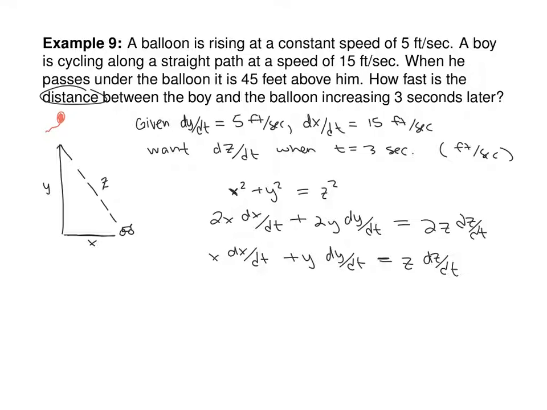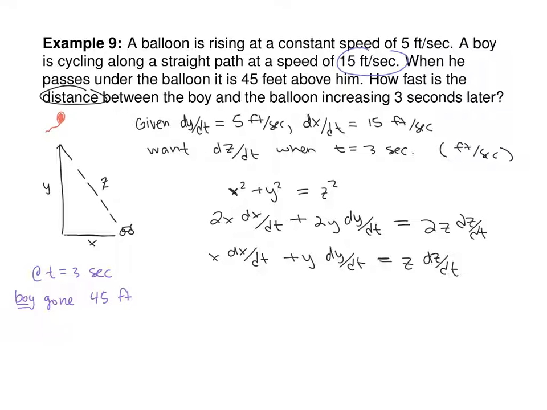This one's a little bit more tricky because they don't tell you what x, y, and z are explicitly. You've got to figure it out. So at t equals 3 seconds, how far has the boy gone? How far has he traveled? 15. He goes 15 feet every second. He went for 3 of them. 45. So the boy's gone 45 feet, okay?